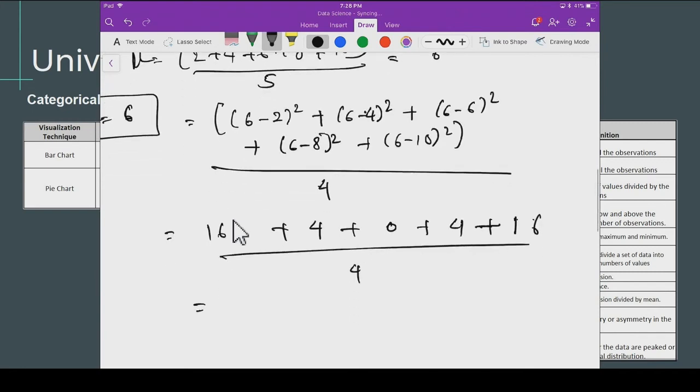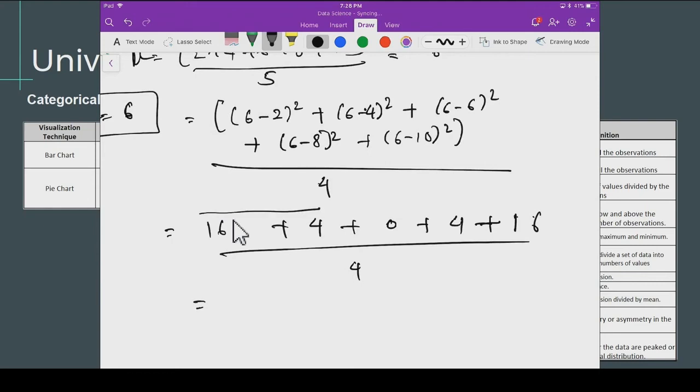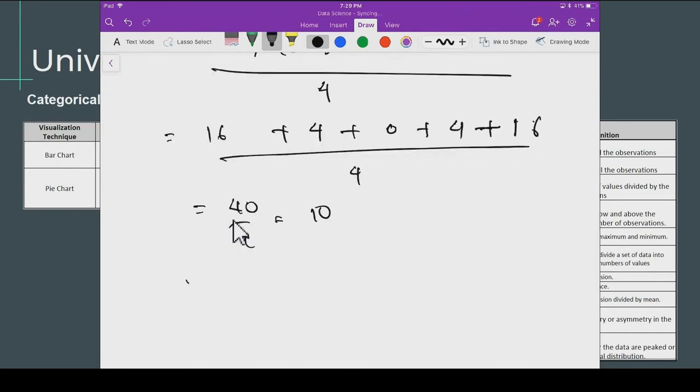This would be 16 plus 4, 20, and then again 16 plus 4, which is 20, so 40. So 40 by 4 would be 10. So we can say the variance is equal to 10.